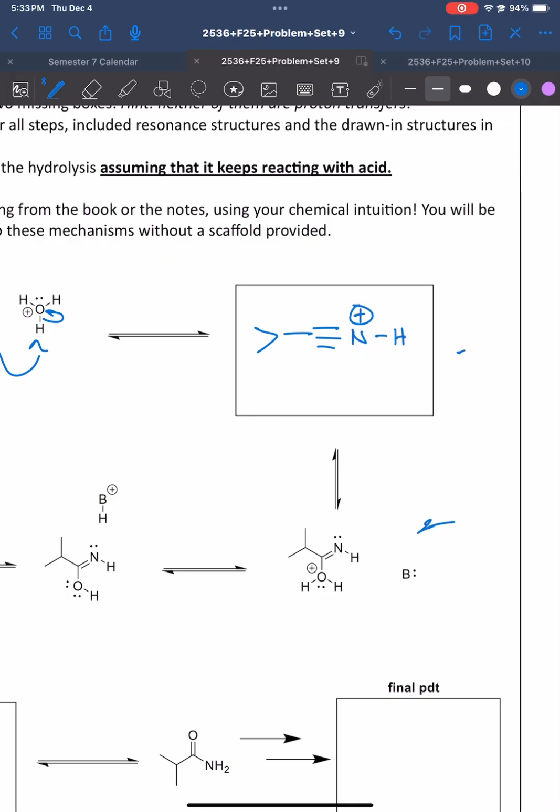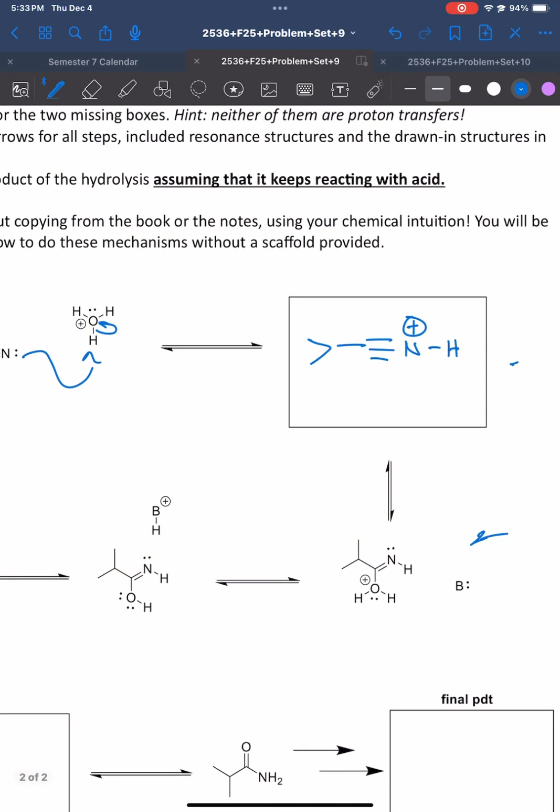We have water floating around in solution. One of these lone pairs is going to stick right here on this carbon, and one of these triple bonded electrons is going to go into the positively charged nitrogen, forming this group here.